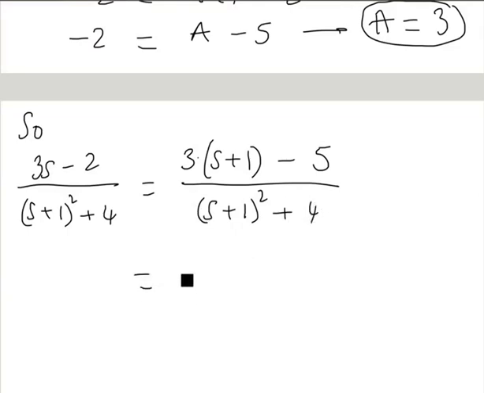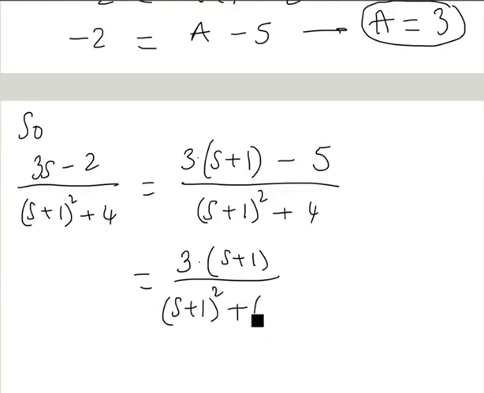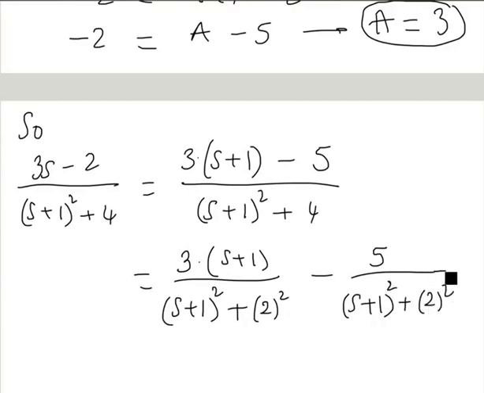Now I'm going to split it into 3 times (s plus 1) divided by (s plus 1) squared plus, and the 4 I will rewrite as 2 squared, and then we have 5 over (s plus 1) squared plus 2 squared. Now you should see what I'm aiming at.